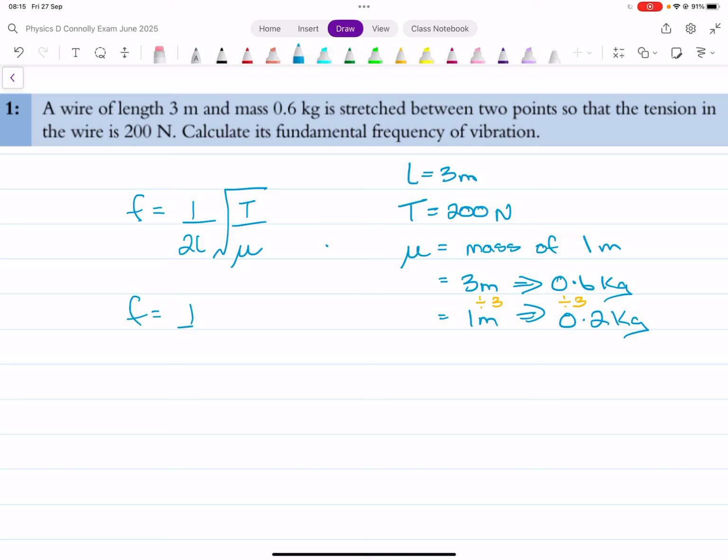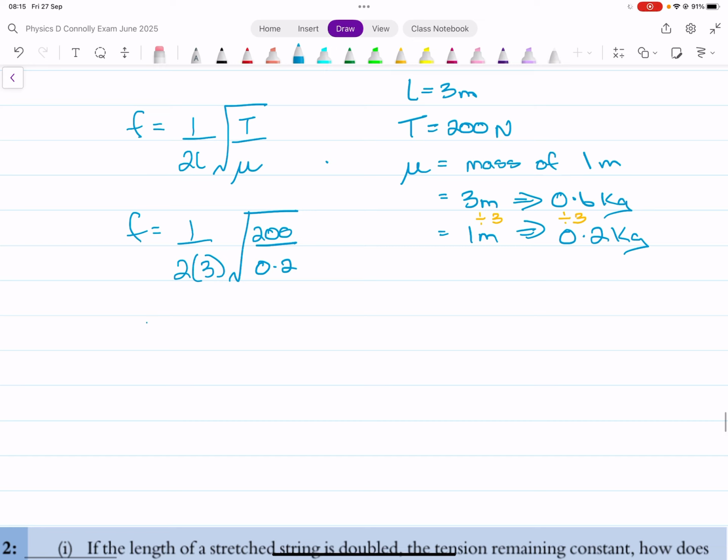So I can put that back in. 1 over 2 times 3, square root of 200 over 0.2. And then that's it. Just throw that into your calculator.